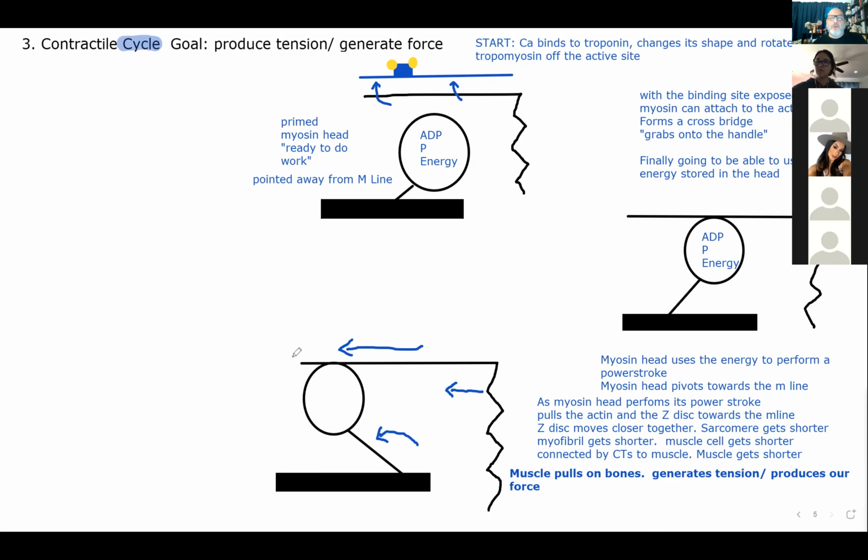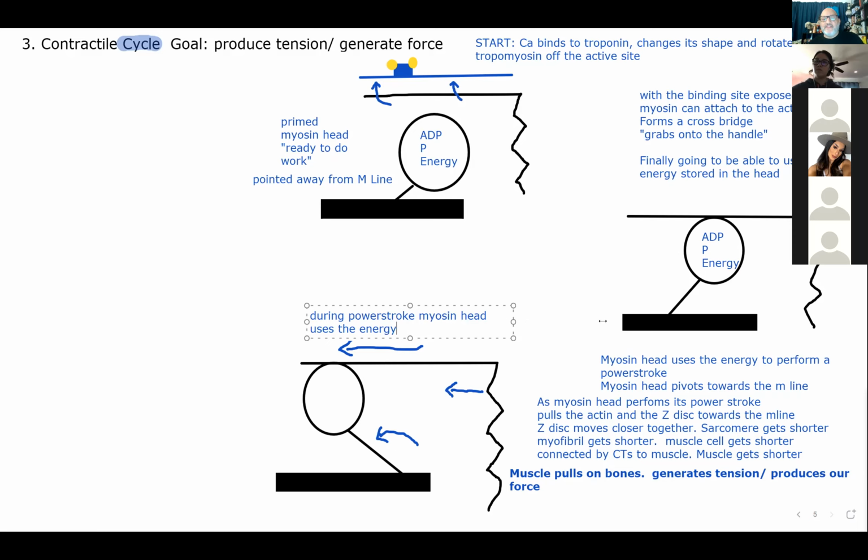Now, there is one more thing we have to talk about that occurs during the power stroke. As we mentioned, during the power stroke, the myosin head uses the energy, right? That's how it's performing the power stroke.